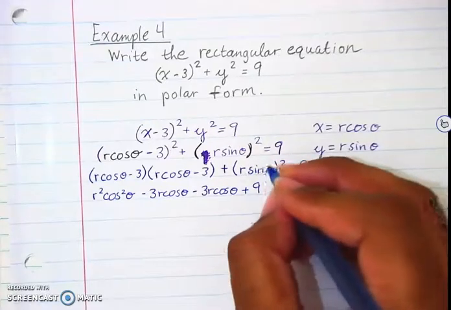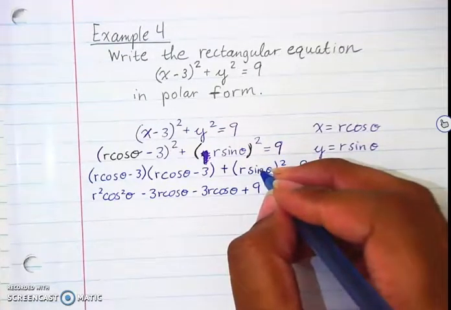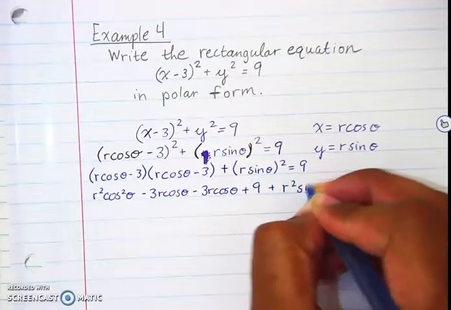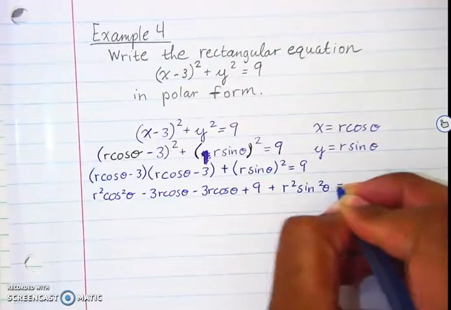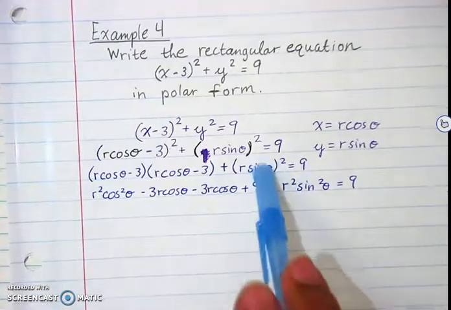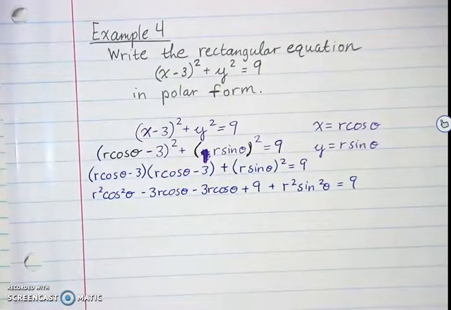Then here we're squaring it, which means you have two r sine thetas, so we're going to have r squared sine squared theta equals 9. If you need that part worked out, ask me in class, and I'll show it to you quickly. You should know already how to do this.